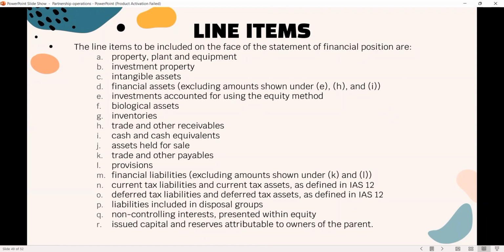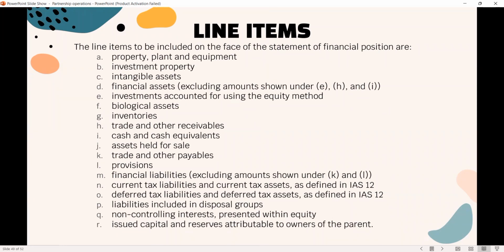Next, current tax liabilities and current tax asset as defined in IAS 12, deferred tax liabilities and deferred tax assets as defined in IAS 12, liabilities included in disposal groups, tapos non-controlling interest presented within equity, and the last one is issued capital and reserves attributable to the owners of the parent. So these are the line items in the financial position.